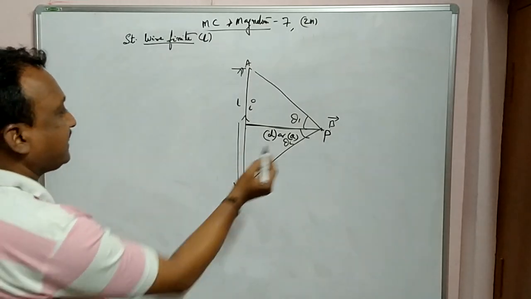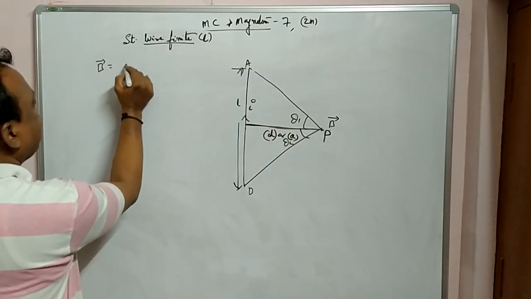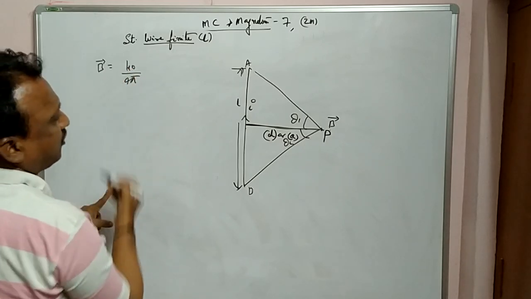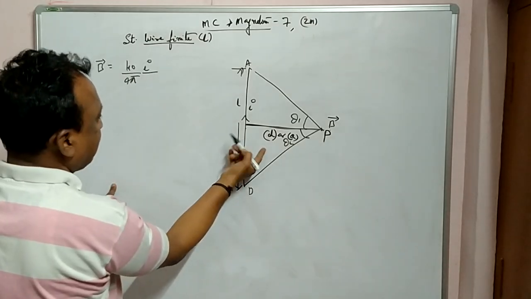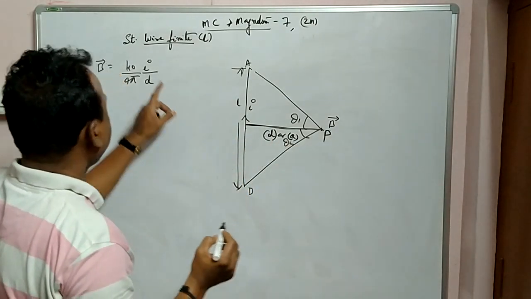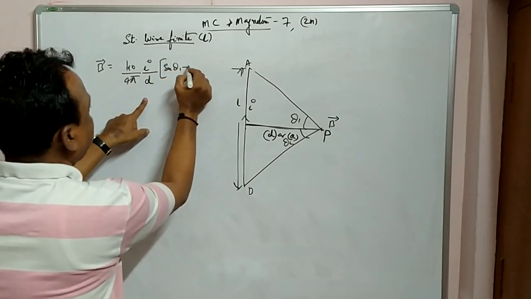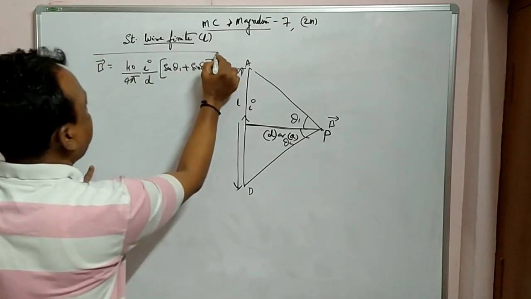Now B at that point is given by mu naught by 4 pi, I by D, bracket sin theta 1 plus sin theta 2. This is the standard formula.